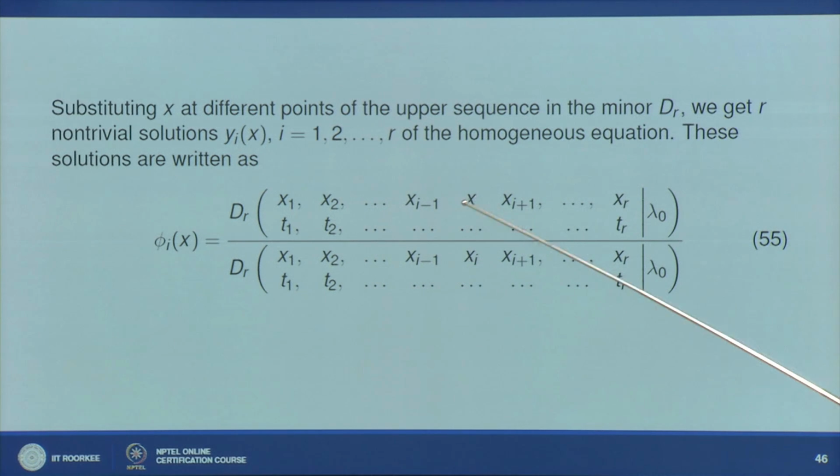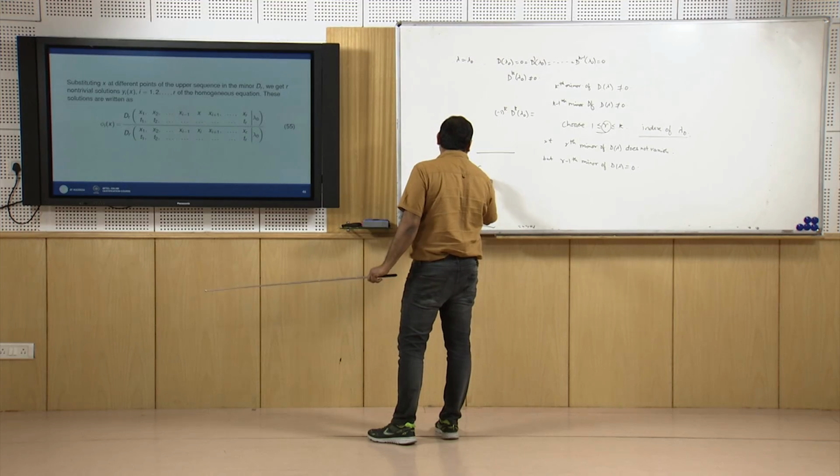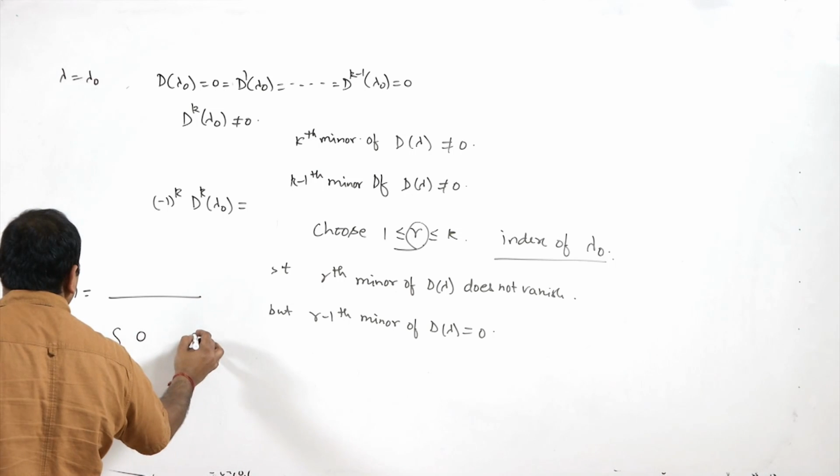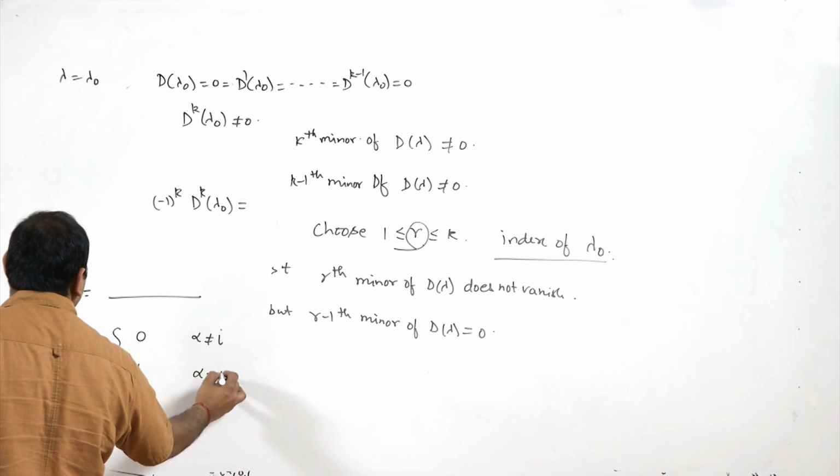So in this case, when x is replaced by xi, phi i xi is nothing but 1. So I can say that phi i x alpha is equal to 0 if alpha is not equal to i, and it is equal to 1 when alpha is equal to i.